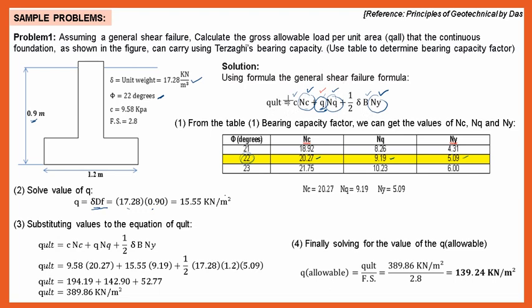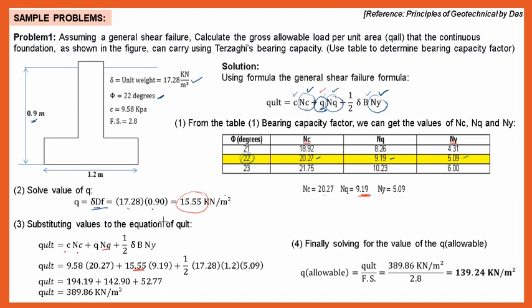So we just need to substitute the values in our general shear failure formula to get our ultimate bearing capacity. Our C is 9.58, our NC is 20.27, our Q is 15.15, times our NQ, plus 1/2 times our unit weight 17.28, our B is 1.2, and our N sub Y is equal to 5.09.